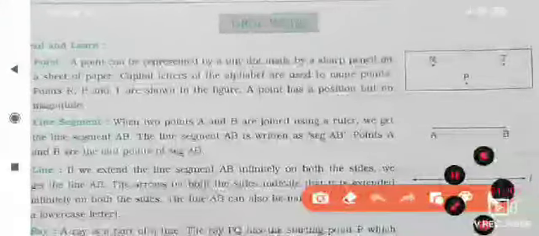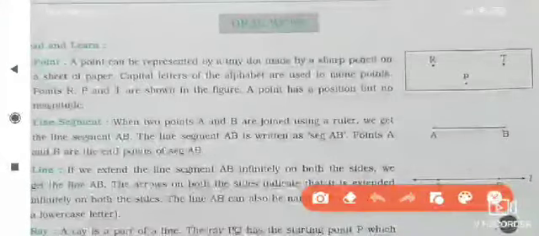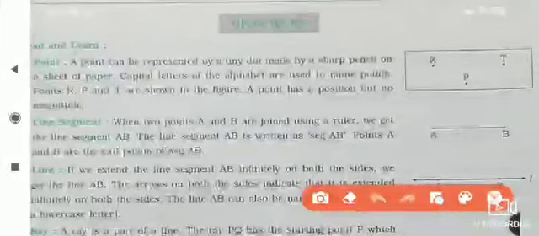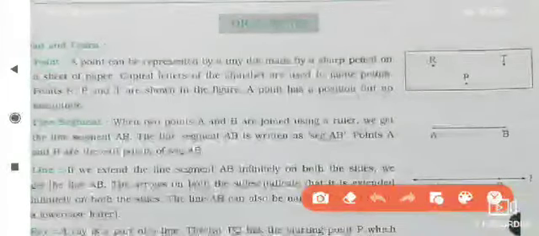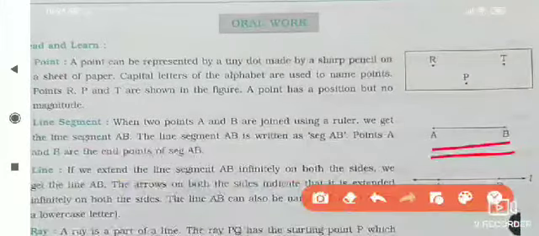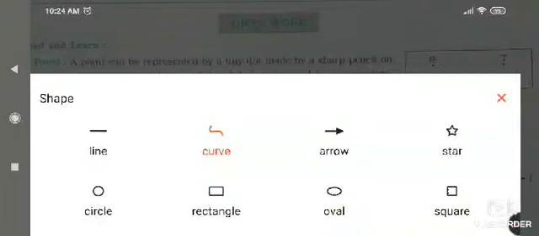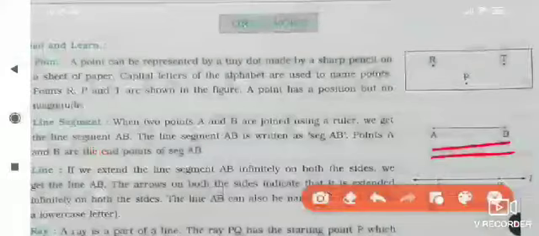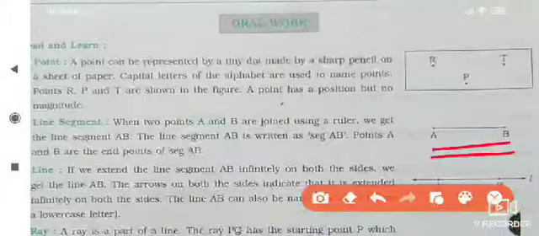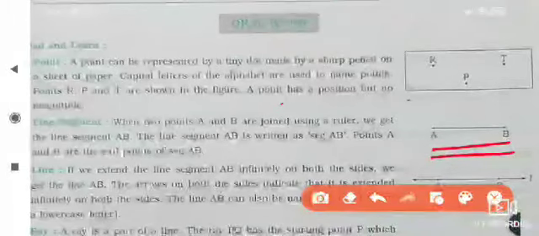Next is the line segment. Line segment means when two points A and B are joined by using a ruler, we get the line segment, and it is written as seg AB or seg BA. Both ways are correct. How we are drawing the line segment, I will show you. Suppose these are the two points. I am showing with the red color.